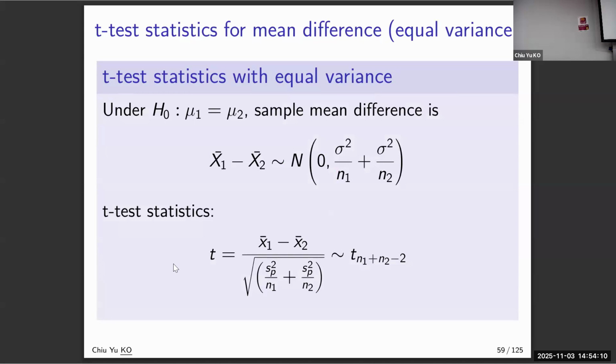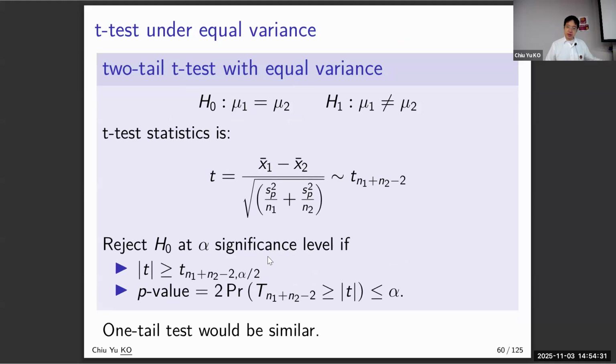And the variances add up. The variance is very simple, because the best guess will be the pooled variance, and the degree of freedom will be n1 plus n2 minus 2. So that would be the way we do. And it's very standard.